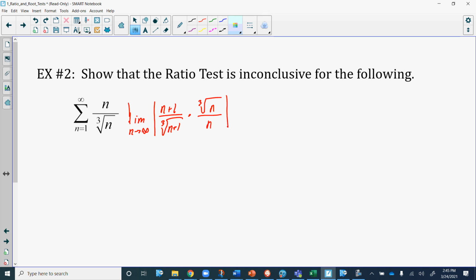So I'm going to treat this the same way that I did on the last two. I'm going to take the radicals and put them in one ratio so it's easy to see. So here the limit as n approaches infinity of the absolute value of the cube root of n over the cube root of n plus 1 can be written as the cube root of n over n plus 1 like this, times n plus 1 over n.